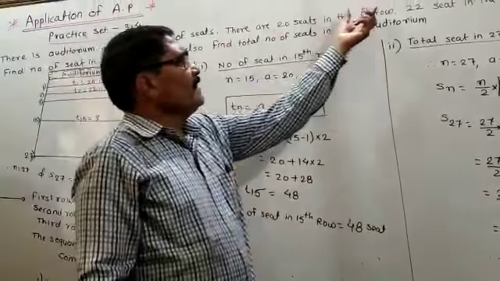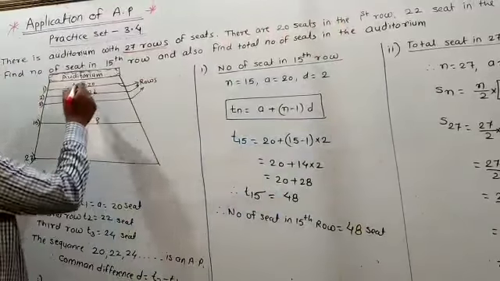There are 20 seats in the first row, which means T1 is equal to 20.